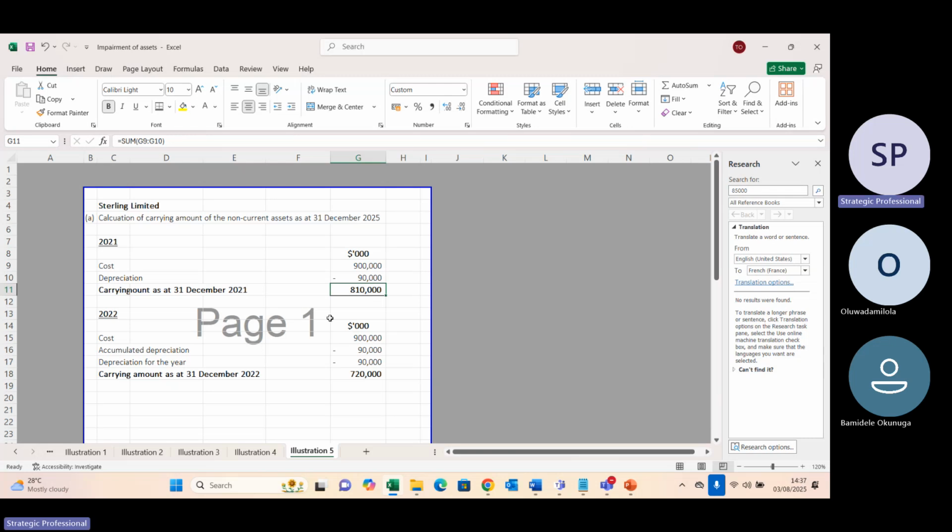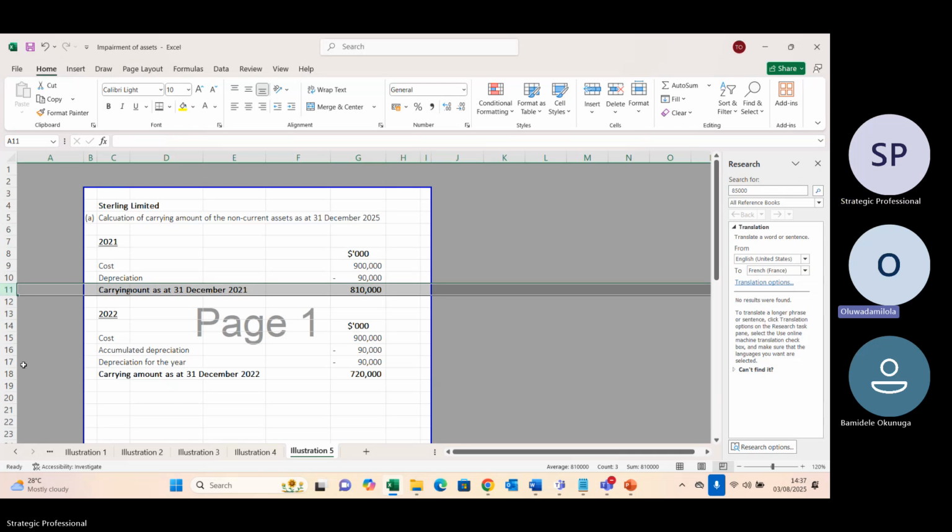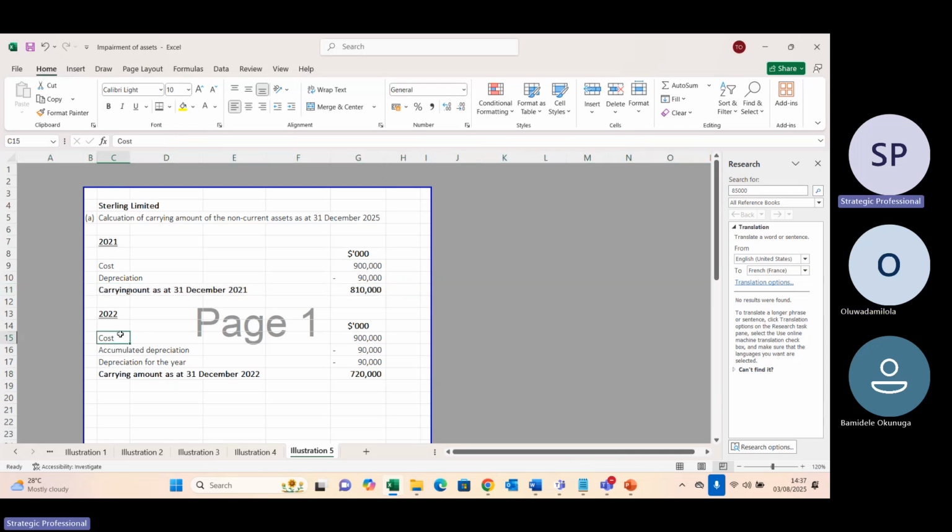So we need to walk down to 2025. We have already gotten the one for 2021. Then for 2022, we will do the cost, 900,000 minus the depreciation it has suffered.